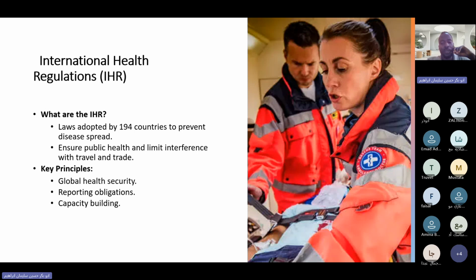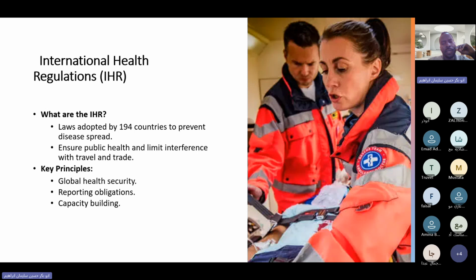Sometimes they request in the airport to have a card, like a yellow fever card, or some countries ask you for a COVID-19 vaccination card. Yes, this is some of the international health regulation.